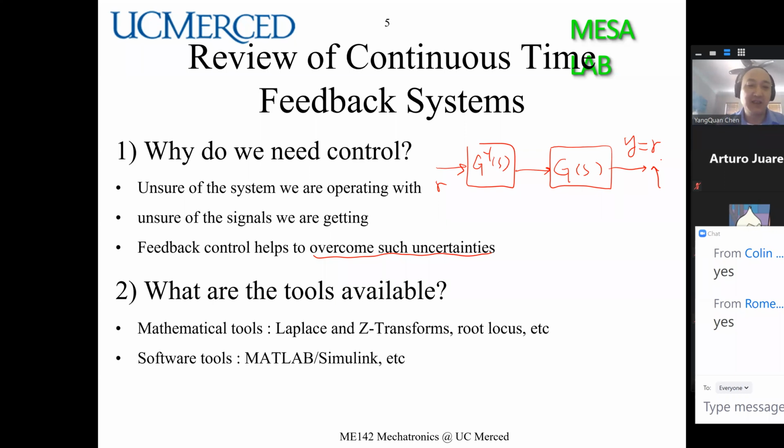That's not practical. You don't have 100% knowledge about G of s. You only have a rough model. That's why we need feedback control to deal with these uncertainties, and perhaps external disturbances. Say, for example, you have some disturbance in here, the feedback will help us overcome that.